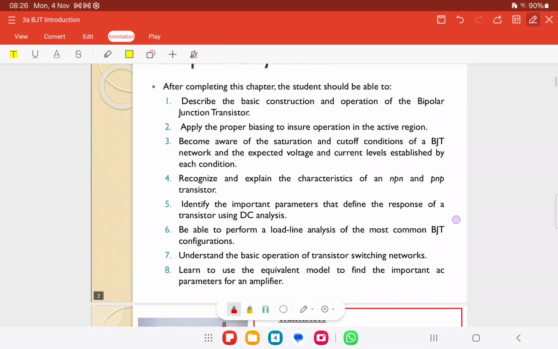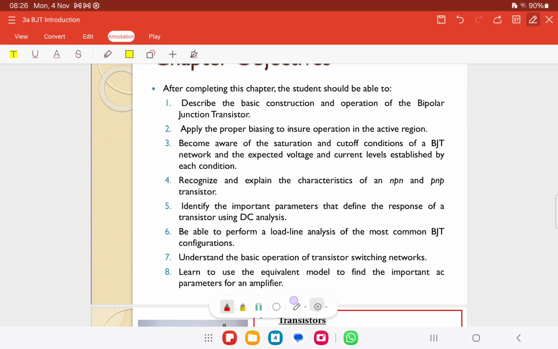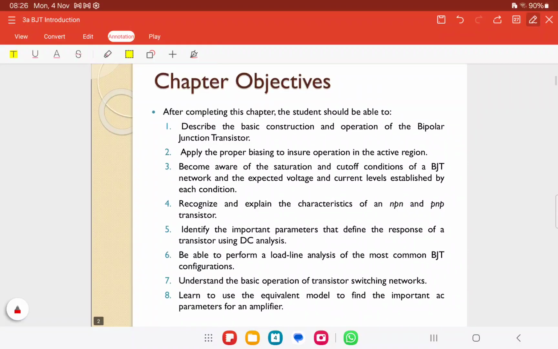What else? Okay, this is all the objective yang kita akan cover. Okay, basic constructions and operations of the BJT, and what are the biasing. Like in previous chapter 2, we have forward bias and reverse bias kan.